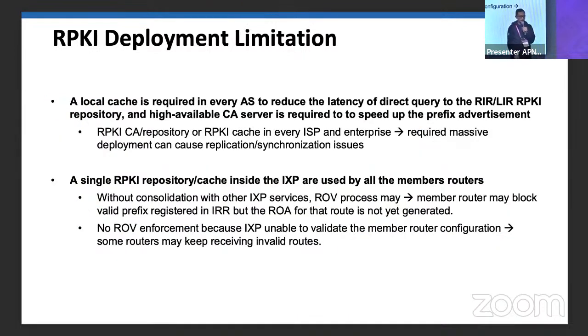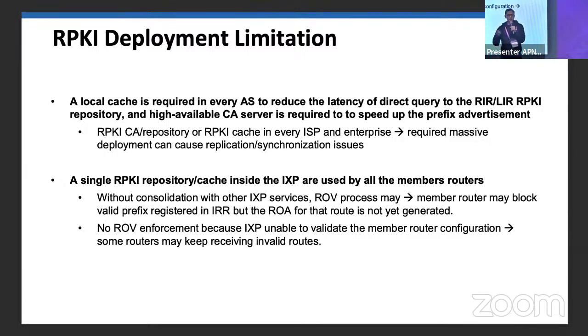So this is just some explanation. Basically, with excessive deployment of RPKI caches, it may have some synchronization or replication issues. Second, if we deploy the RPKI repository in the IXP that is used by all the members' routers, but we do not consolidate with other IXP services, for example the IRR database or any other data, it may not be consistent.